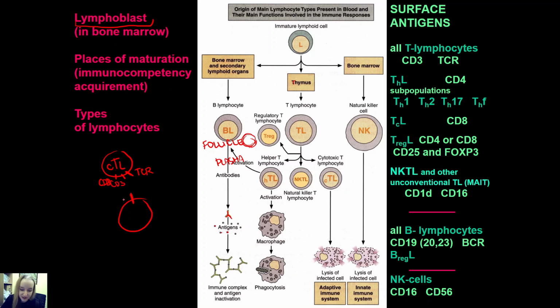The cytotoxic T lymphocyte has TCR, CD3 and CD8, and it is communicating with a cell which has an MHC class 1 receptor, major histocompatibility complex 1, which is showing an antigen on this receptor. This cell is very happy to show something. And this antigen on MHC class 1 comes from proteasome digestion.